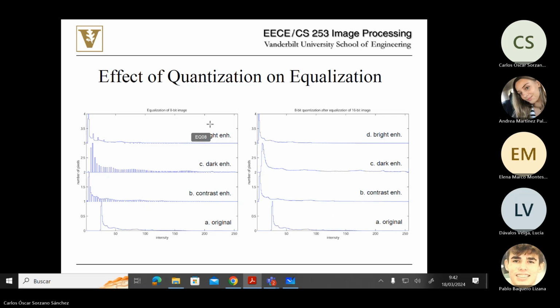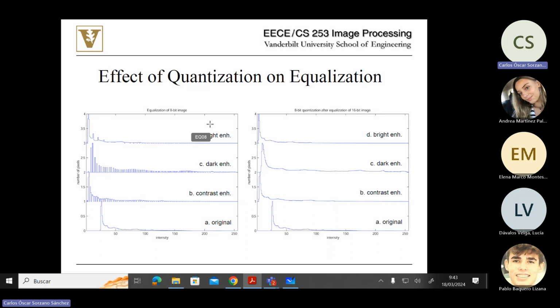And we see that when you do it with 8 bits, there are many values you cannot reach. But when you do the operation in 16 bits, and then you come back to 8, now you reach all of them, the same with all the others. And even these values that were collapsing, this is why we have these spikes, this doesn't happen with 16 bits.